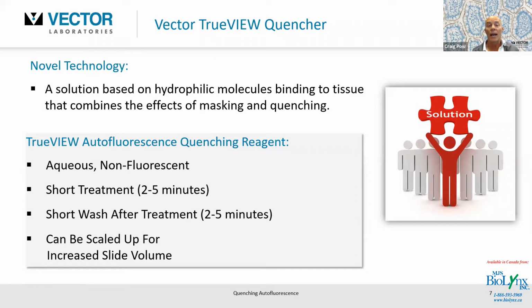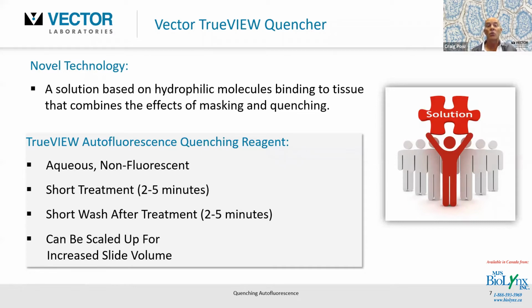Now, I will say we actually do refer to it as an electrostatic binding of the reagent to the tissue. It is reversible, so if that's something you do want to remove, you can let it wash in buffer for an extended period and it will remove it, and then you can reapply it to quench it. So there is that little trick you can use if you want to go back, see what the original autofluorescence was, make sure it's not affecting anything you're trying to interpret.